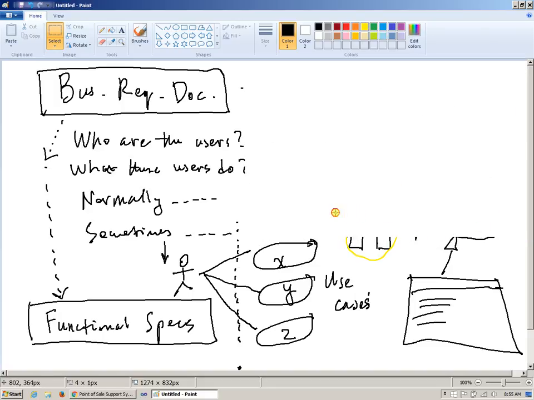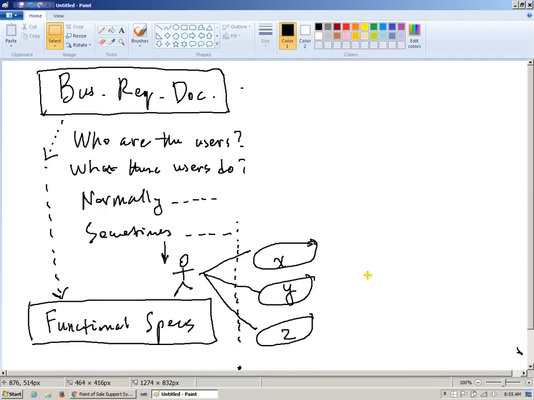Okay, and essentially another thing that we would like to be aware of, or provide some details on, moving from business requirements to functional specification, is that we want to recognize, identify, and understand the actors. The actors are actually users that are using the system.